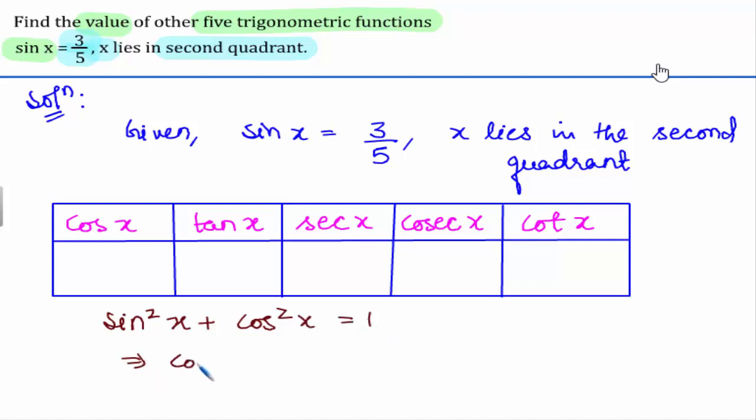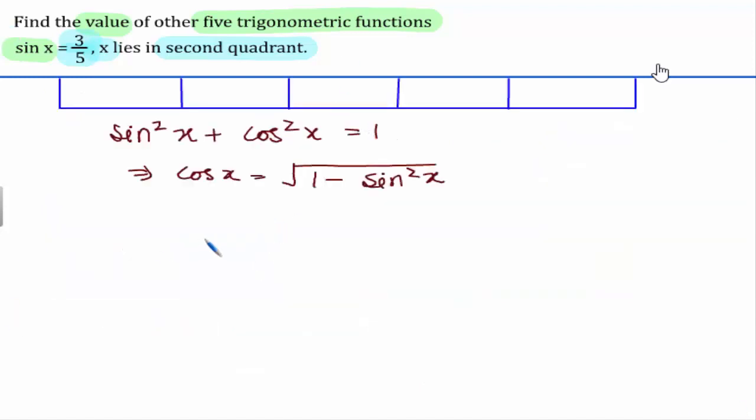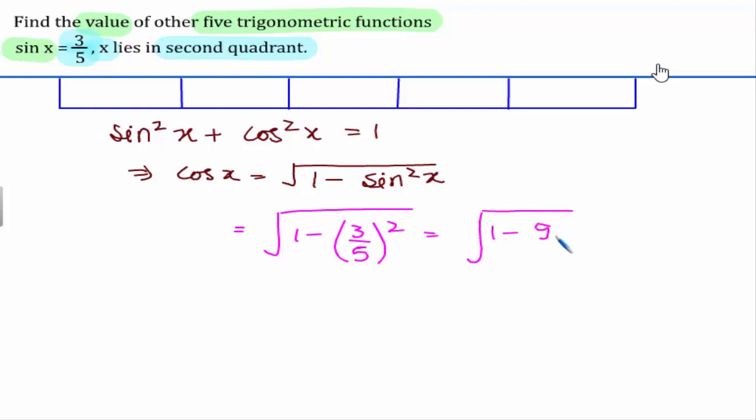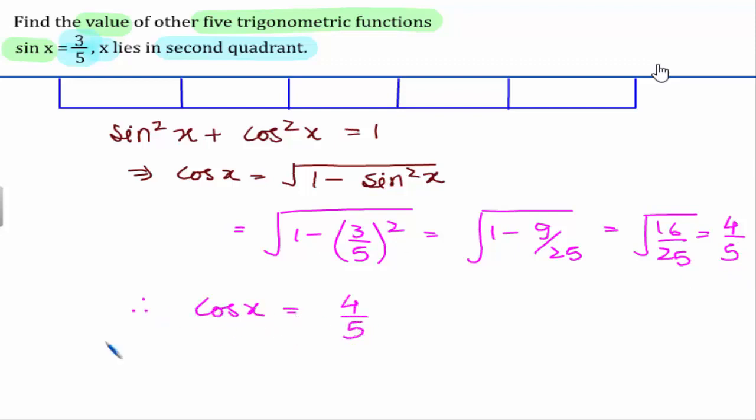So this implies that cos x is equal to square root of 1 minus sin square x. Substituting the value of sin x, we have square root of 1 minus 3 upon 5 whole square, which is equal to square root of 1 minus 9 upon 25, or square root of 16 upon 25, which can be written as 4 upon 5. Therefore, cos x is equal to 4 upon 5.